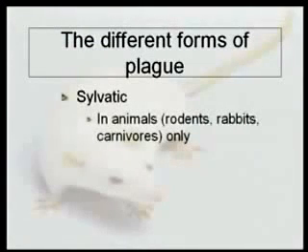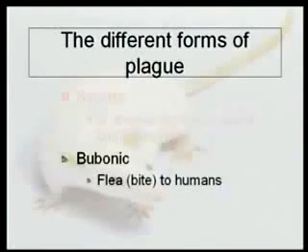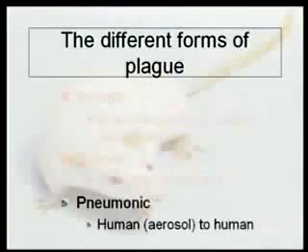Sylvatic is in animals, rodents, rabbits, other carnivores. The mode of transmission again leads to animals. Bubonic, flea bites from rats or other infected animals. Humans are bitten and they develop bubonic plague. Pneumonic plague is from person to person. Okay.